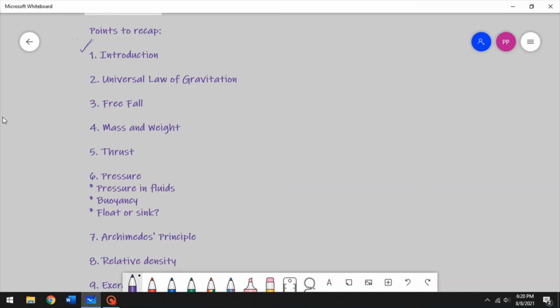How come the moon does not collide with the Earth if it's always moving around? How come the apple fell to the ground when Newton was sitting under the apple tree? Stuff like that. We asked a few questions and we introduced gravity. And then we talked about the universal law of gravitation along with applications.